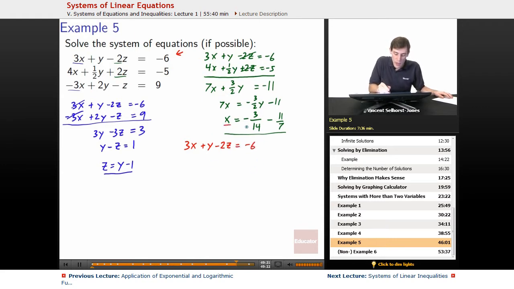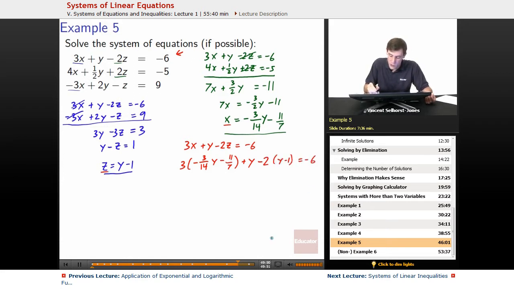Now, we know that x is equal to this stuff over here. So we've got 3 times negative 3. Oh, whoops. That was one big mistake here. Forgot to put that y down. Sorry about that, guys. So negative 3 over 14 y minus 11 over 7, plus y, we don't substitute for y because we're going to solve for y at the end of this, minus 2 times z, which is y minus 1, equals negative 6.